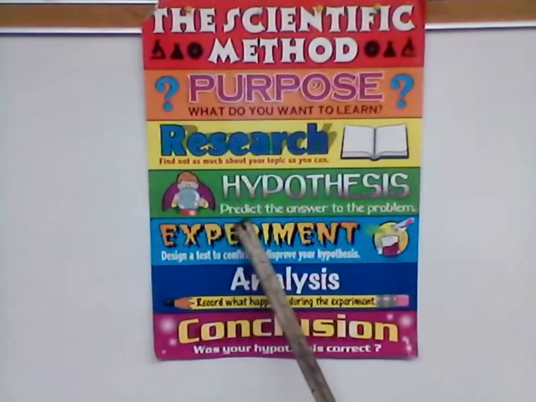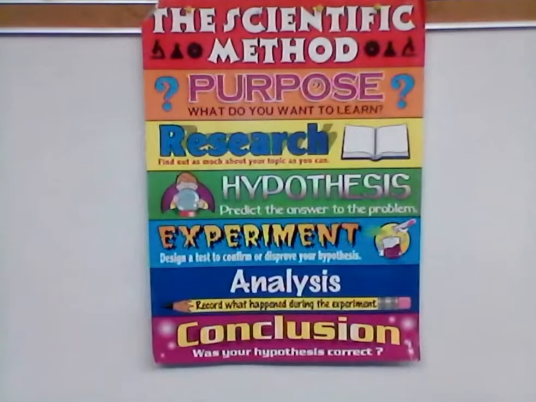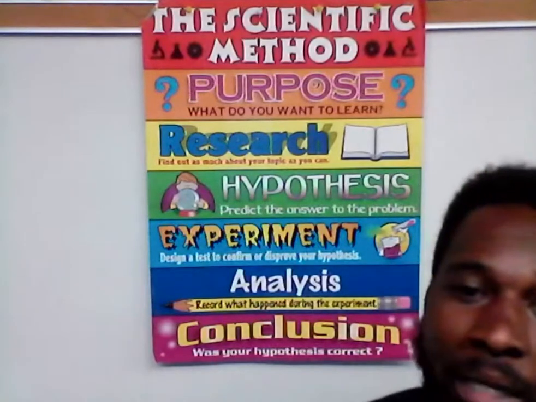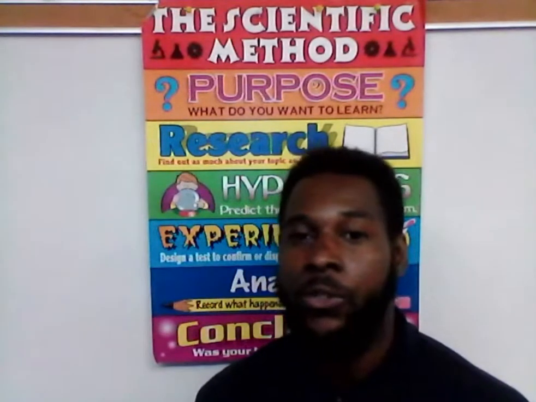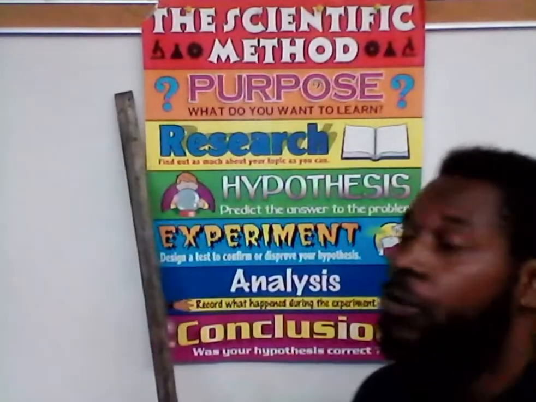A hypothesis is the prediction to the problem as a solution. So, even if someone does not know about a topic, you can predict what that answer will be because you have researched it and you have imagined something that could happen.